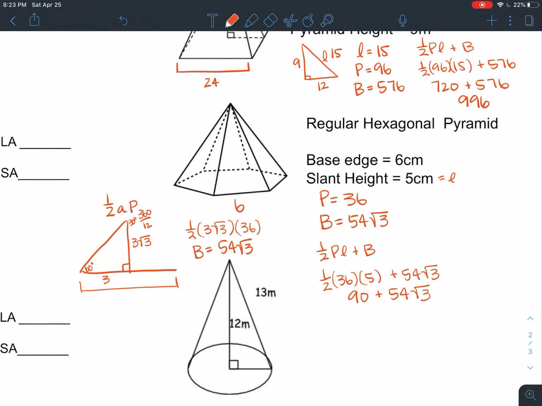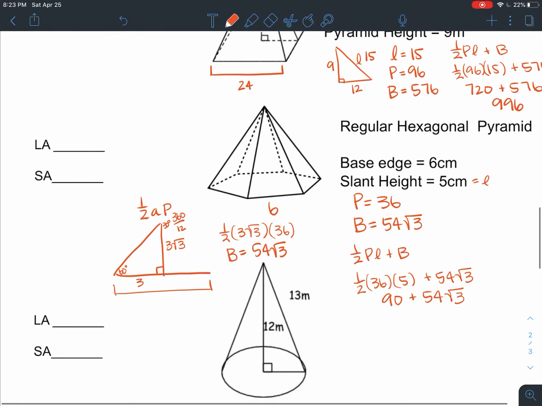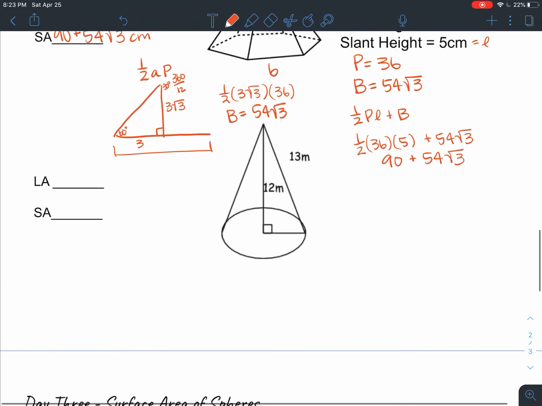Because the 90 does not have a square root 3, I can't combine those two for my surface area. So I'm just going to leave it. My lateral area then will be 90 centimeters squared, and my total surface area will be 90 plus 54 root 3 centimeters squared. Now if you have to round that, go ahead and plug it into your calculator, but otherwise just go ahead and leave it in exact form.